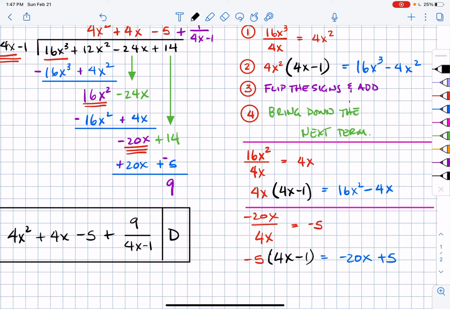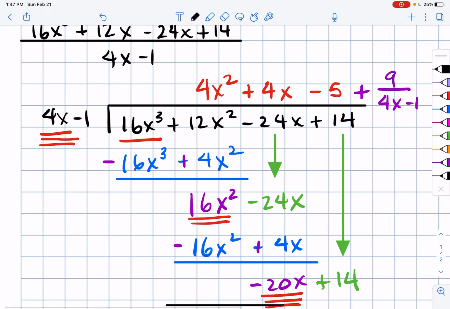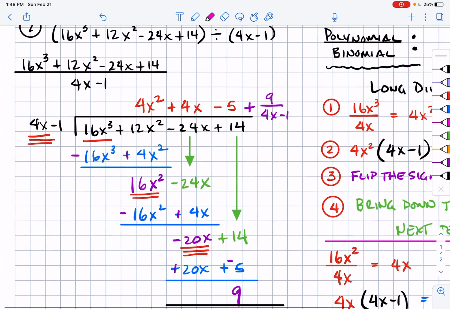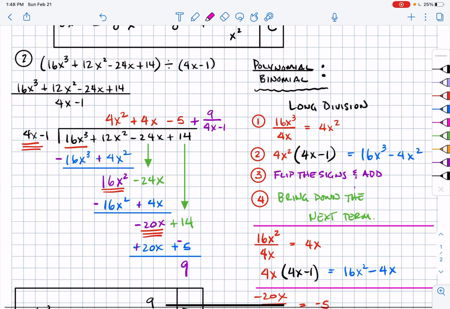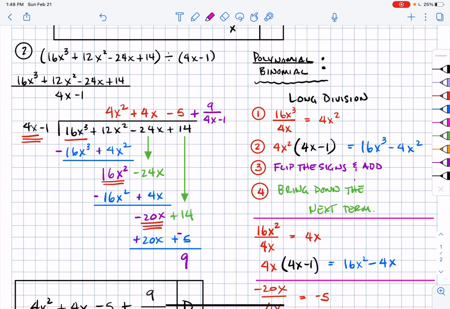It's tough to multiply from here to here and then come into this, so it's a little bit harder to see. Some of you are able to do that, but not everybody can. That's why I show the work on the side, because it helps a lot of people keep things straight.